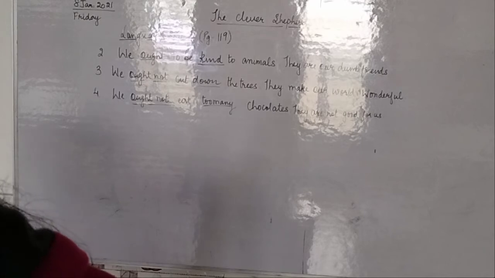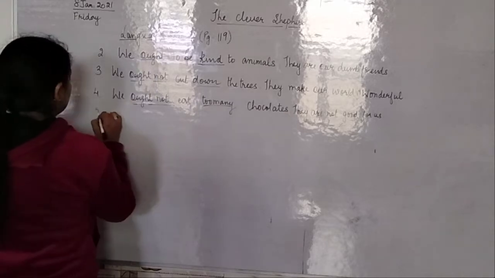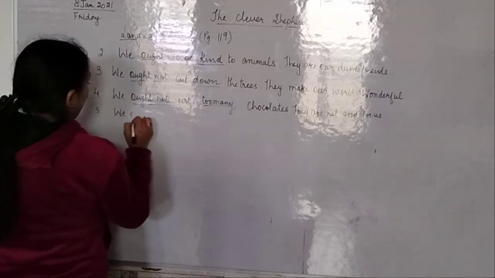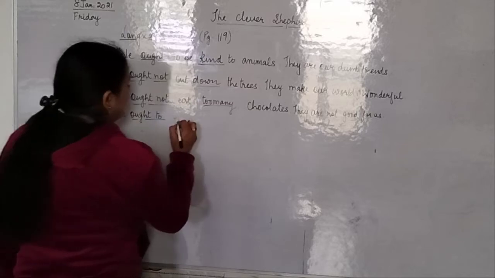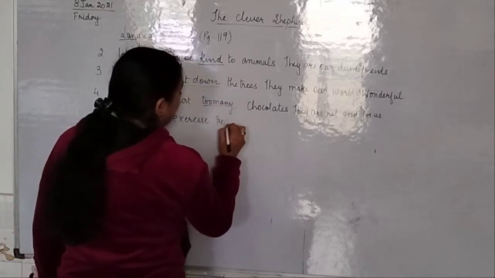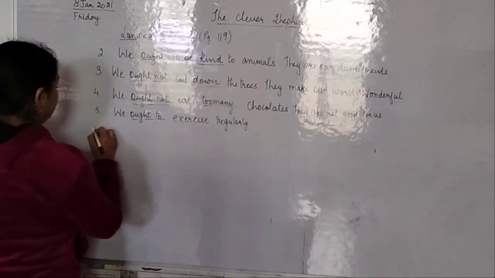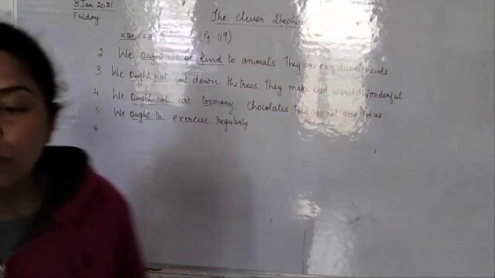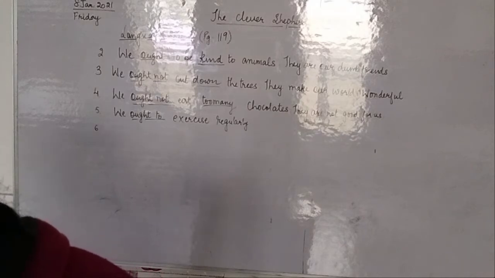Exercise keeps us healthy and happy and we have to use regularly. So the sentence will be in this form. We ought to exercise regularly. Simple. Sixth. Water keeps our digestion proper. Drink enough.